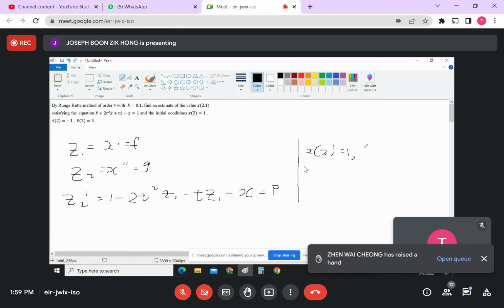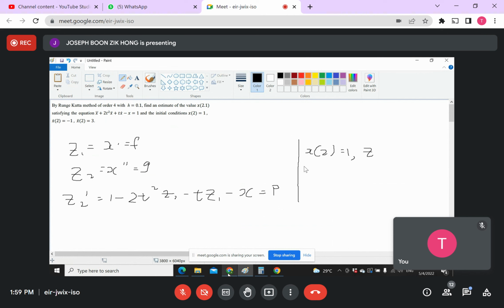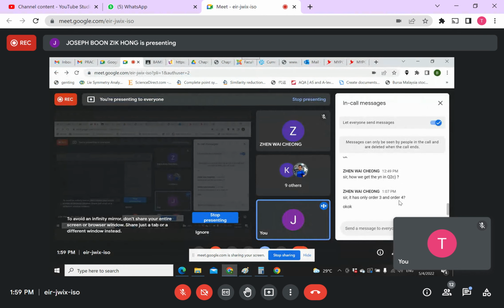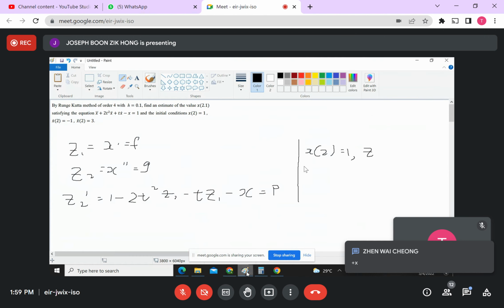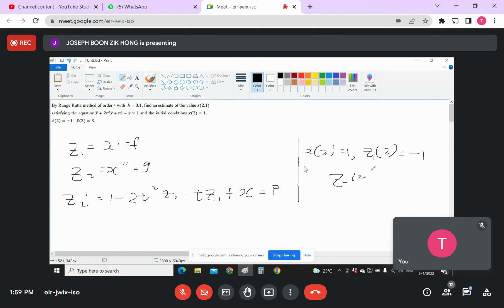Oh, sorry, I forgot plus X. Thanks for the reminder. Okay, I have Z1 equal to Z2 equal to 1. X2 equal to 1, and then Z12, sorry, Z12 is -1, and then Z22 is 3.